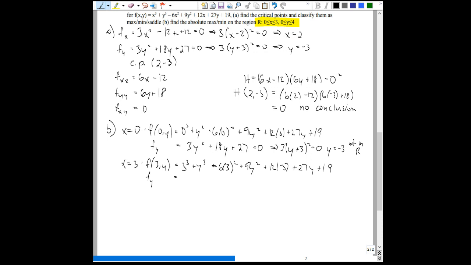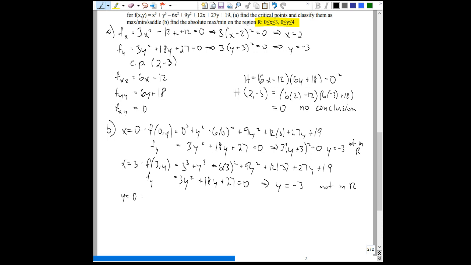And since all those x bits only have x in them, those all go to 0, and you'll wind up once again with 3y squared plus 18y plus 27 equals 0. So of course this will solve again to give us y equals negative 3, and once again we'll note that this is not in our region R.